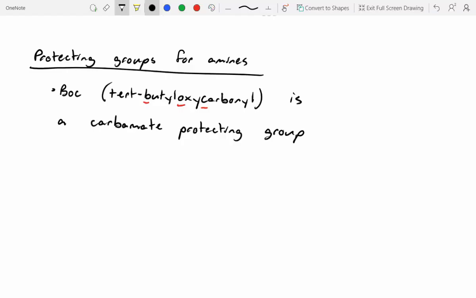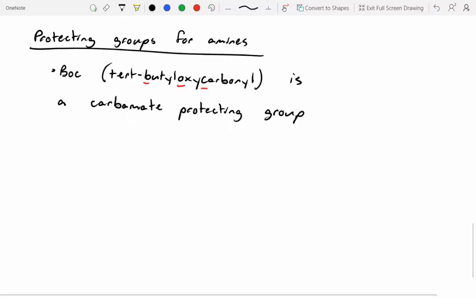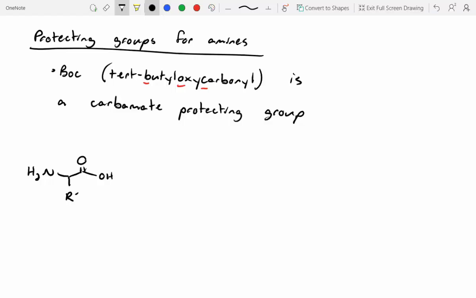So let's take a look at an example of BOC being used to protect an amino group. The way we install a BOC is by using a reagent like this.